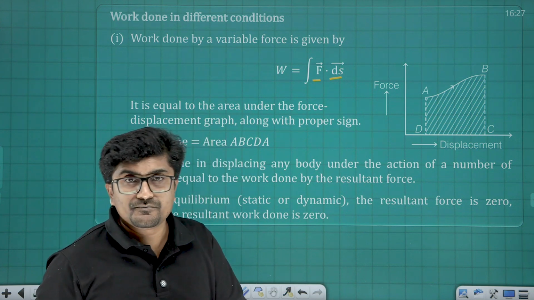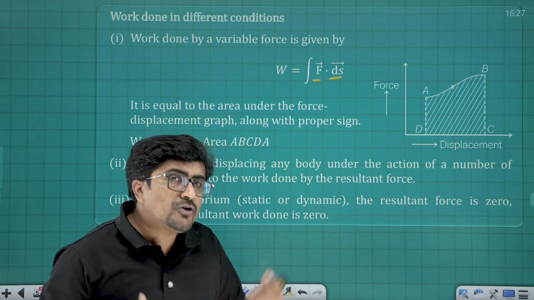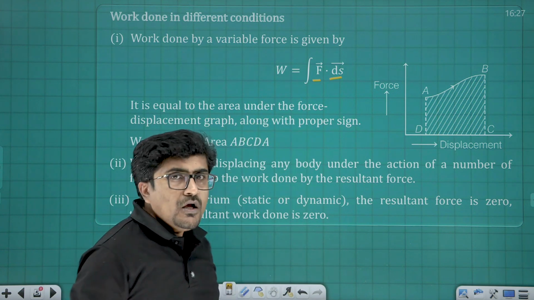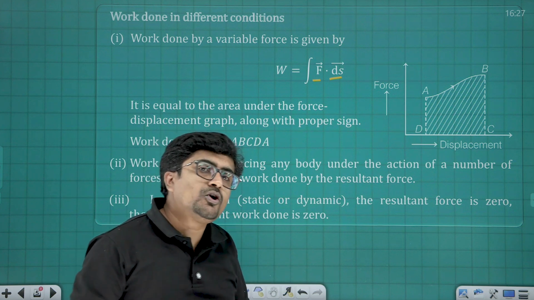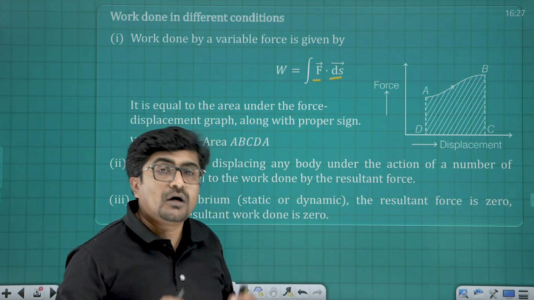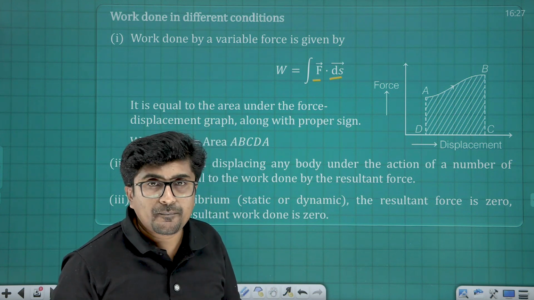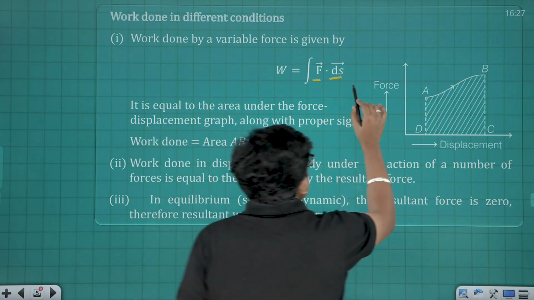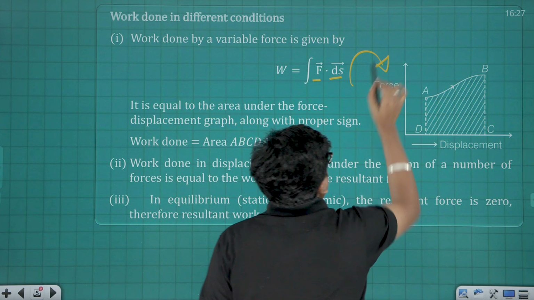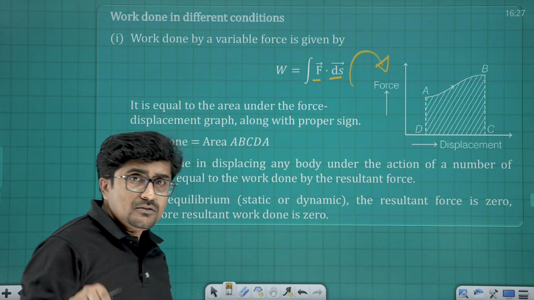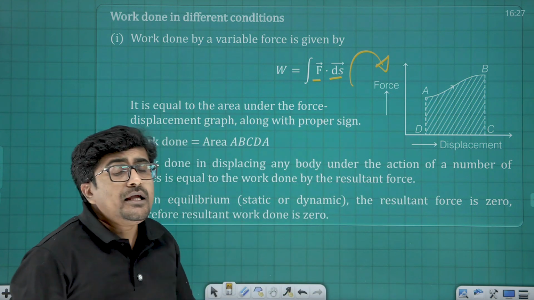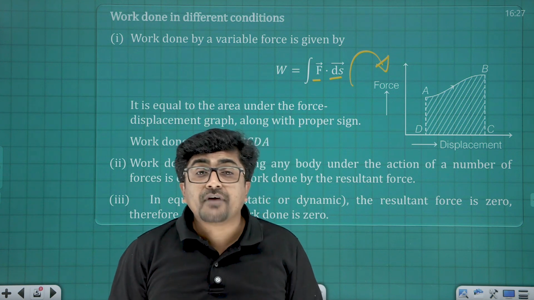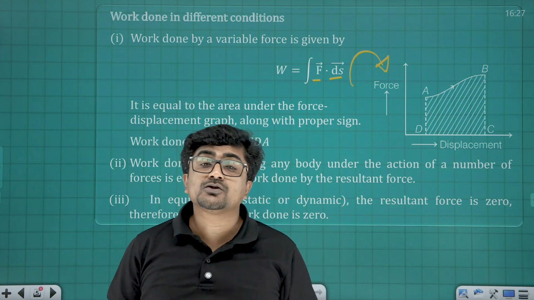So for that small moment, the small work done is going to be F dot ds. In order to calculate the total work done, we have to take the integral of that. So the total work done is the integral of F dot ds between the given limits. And this gives another very important piece of information: students listen carefully, if an Fs graph is given, what is going to be the work done?